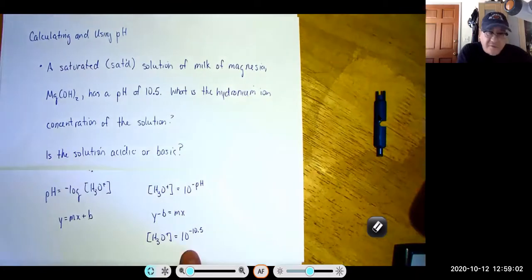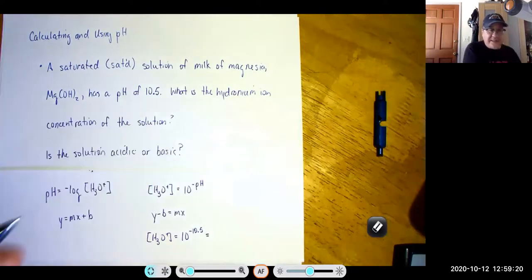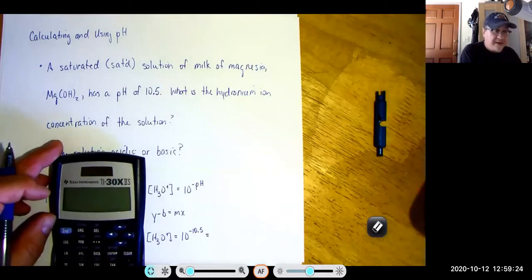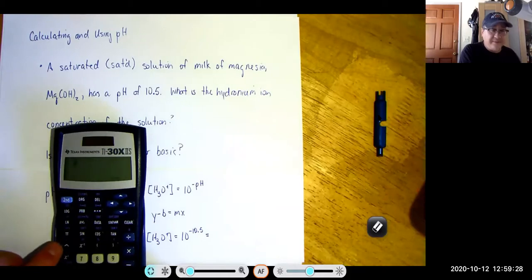Now, if you leave an answer like this, I will give you hardly any credit at all. In chemistry, we don't like answers like this, especially where the power is not a whole number. So this is the only time that I like to use the caret button on my calculator. This button right here, the caret button.